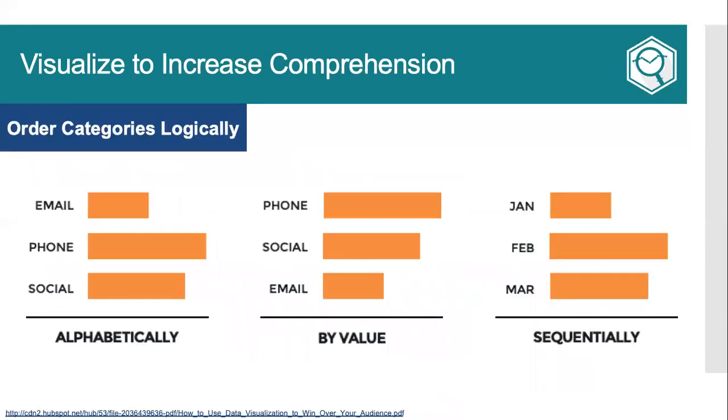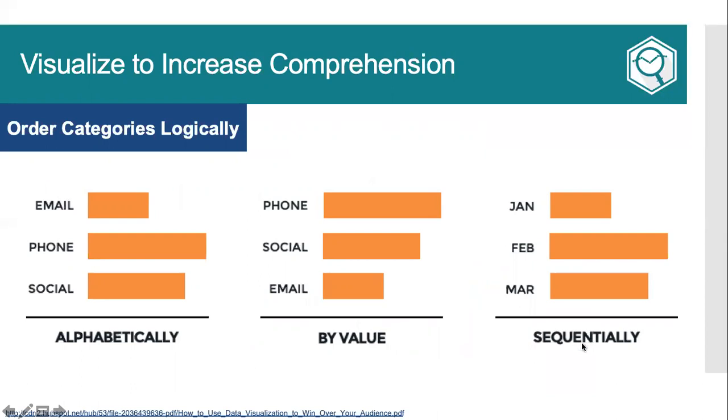There are a number of different ways that you can do this. For example, the way you order your categories matters. You can do alphabetically, so putting your categories in alphabetical order. By value, so as opposed to alphabetical, going by their actual value, or sequentially.